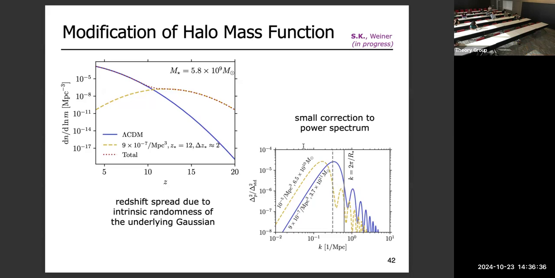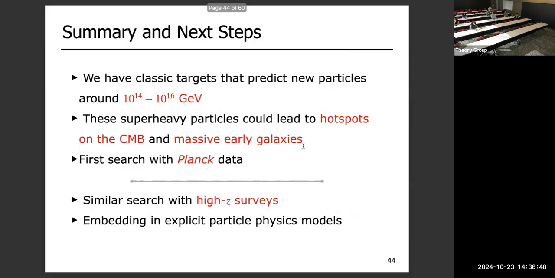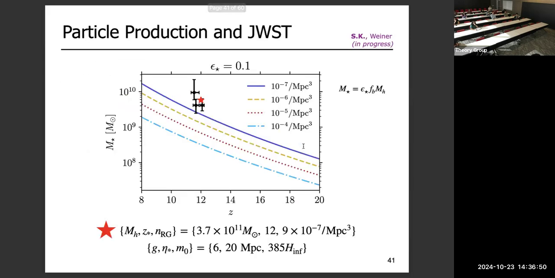But does that mean it's pretty challenging, if you only have a few hotspots, to explain those early galaxies, because you still have a coincidence problem there? It depends. I think the story is far from over, because we would need to also understand the astrophysical aspects.